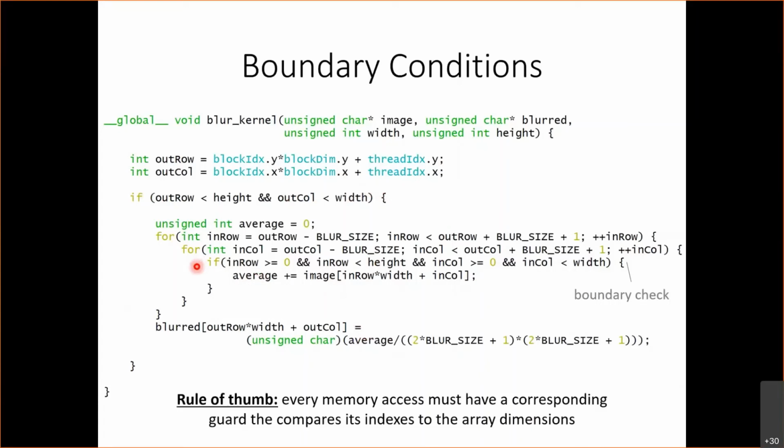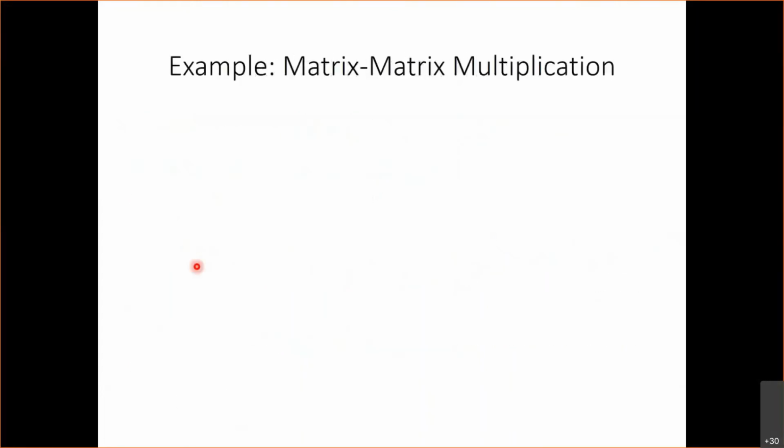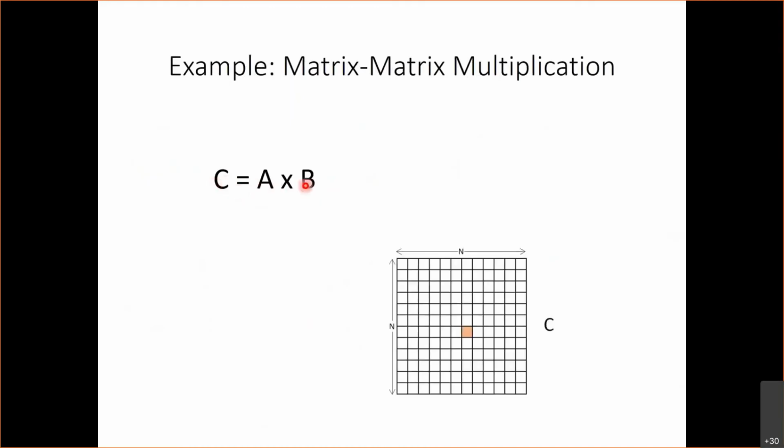All right, let's do our final example. Matrix multiplication, the computation that everybody loves. Matrix multiplication consists of multiplying a matrix A by a matrix B to get some matrix C. How do I multiply two matrices?